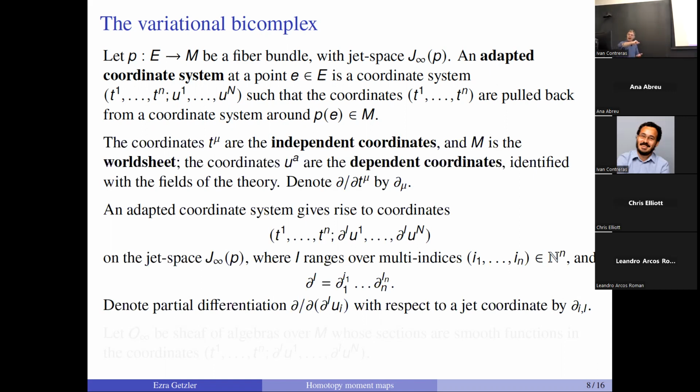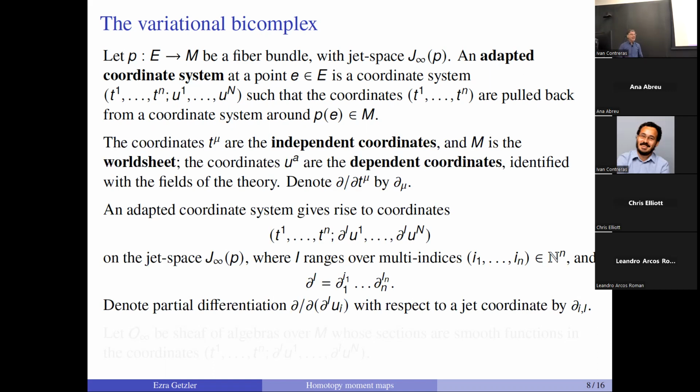You see partial sub I, capital I. The little i will label which field I'm taking a derivative of, and the capital I is which partial derivative of that field. So I is a multi-index for the n independent variables. So all those are coordinates on the jet space of the fiber bundle. It's an elegant, completely coordinate independent construction, but I've got to move on.